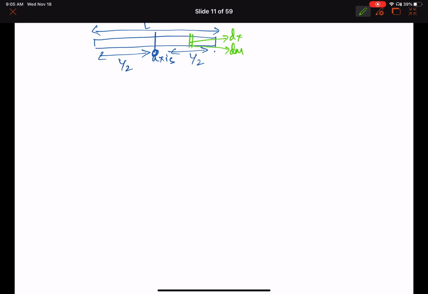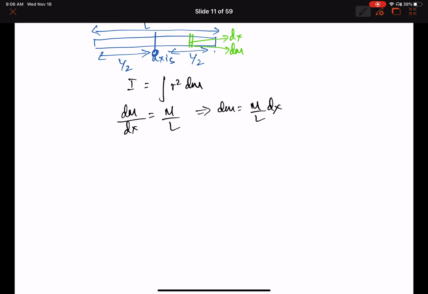So I is given as the integral of r squared dm. Now dm over dx is m over L, so dm is m over L times dx.